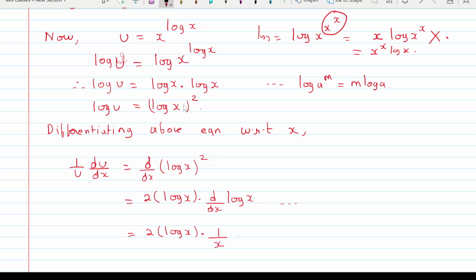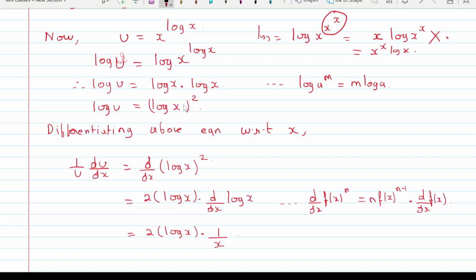So that's same thing, d by dx of f of x raised to n is n into f of x raised to n minus 1 d by dx of f of x.